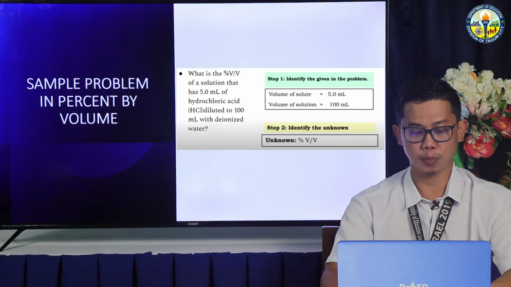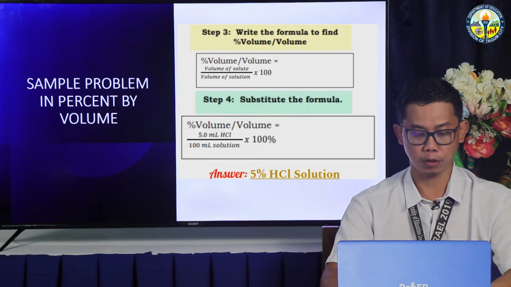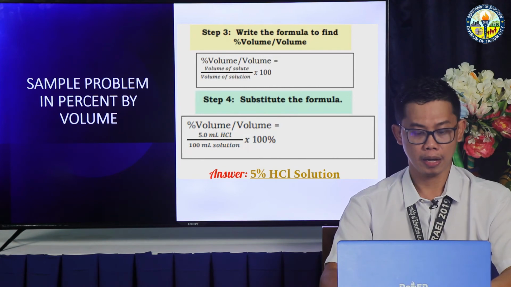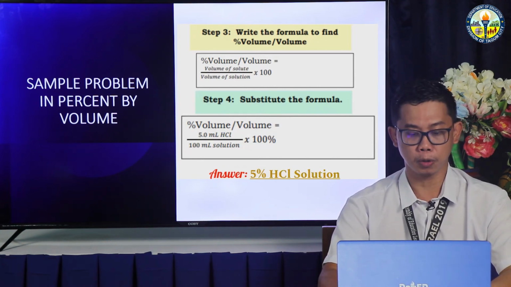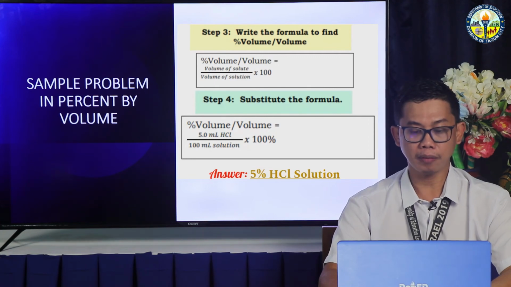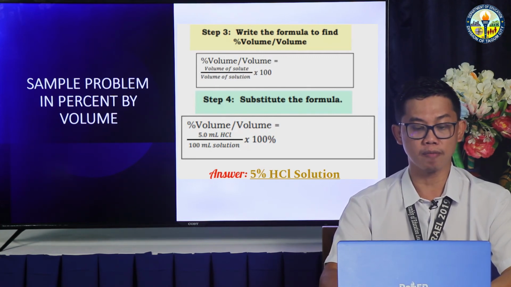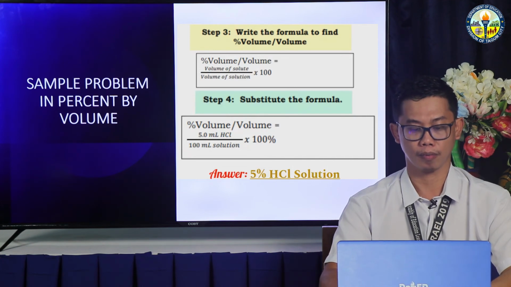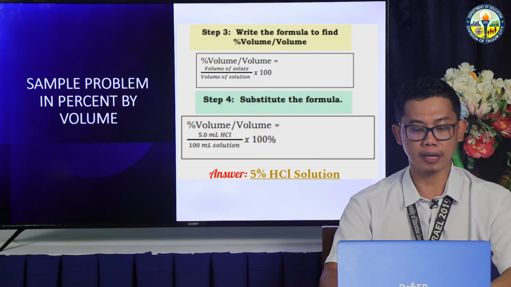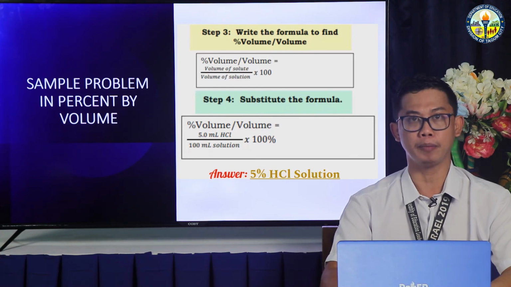Step 2, which is identifying the unknown or what is asked in the problem. And the unknown is percent by volume. Step 3, write the formula to find the percent by volume. That is, percent by volume is equal to the volume of solute divided by the volume of solution, then multiply by 100%. Step 4, substitute the given values into the formula.